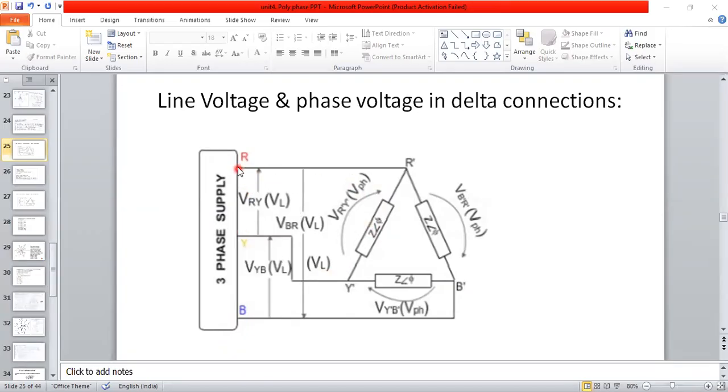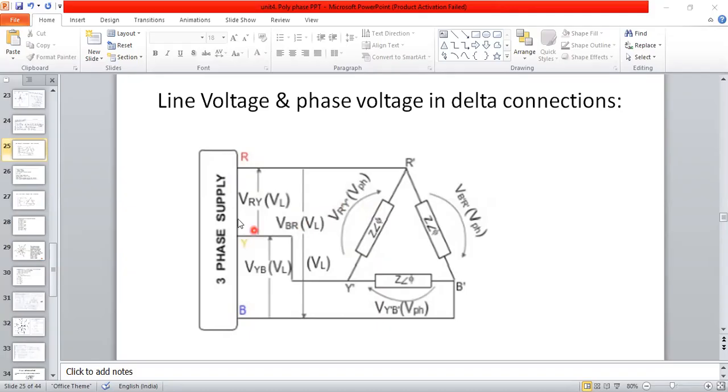So applying KVL, plus VRY. So here plus and minus I will consider, means minus VR dash Y dash. VRY minus VR dash Y dash equal to 0 is nothing but VRY equal to VR dash Y dash. Voltage across this one, VR dash Y dash.